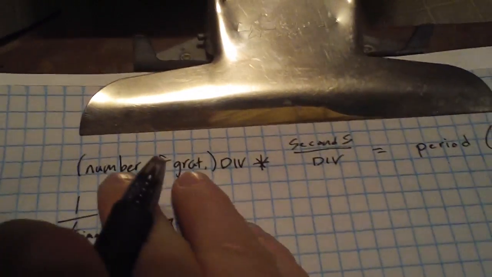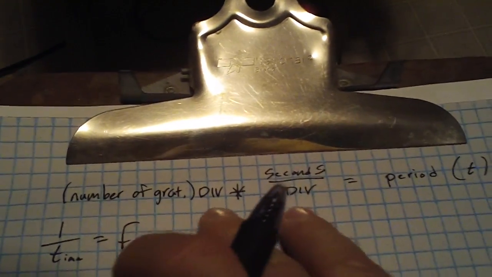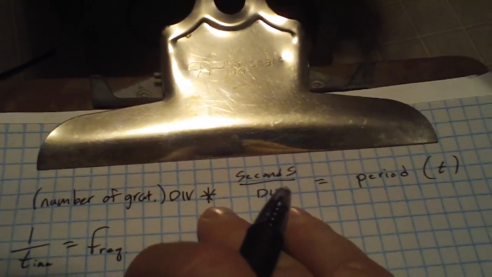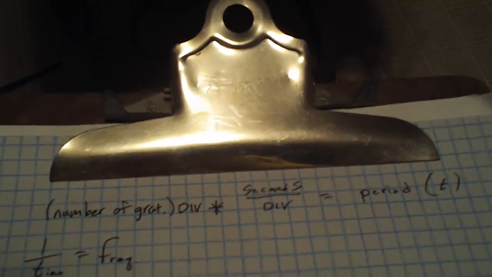So here's the formula. You count the number of graticules, multiply by graticules per division times seconds over division equals your period.